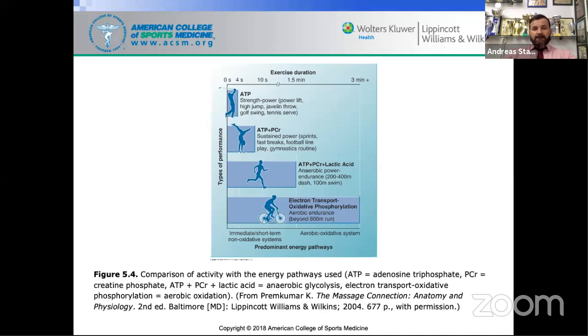So as you can see here, the main thing that we use for energy is ATP. And if we do something that is more than some seconds, duration is really important here, right? Okay. So if an activity is more than 3-4 seconds, we have some ATP in our body, but that's not enough, which means then we need to create more. The longer the duration, the more we need, so we need different systems.